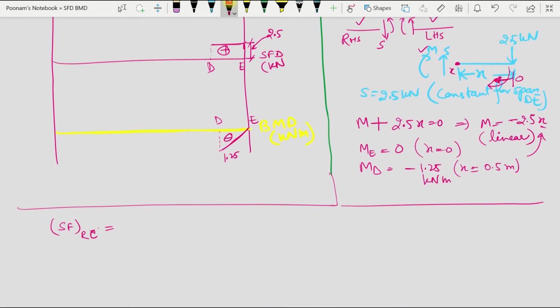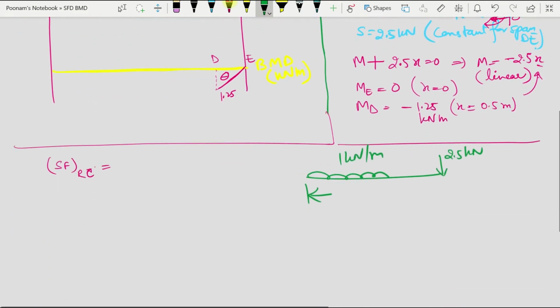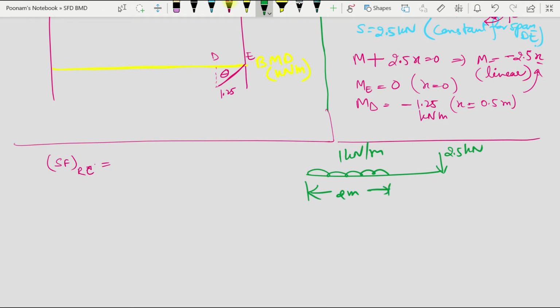I can redraw my beam here: 2.5 kilonewton and 1 kilonewton per meter, so this is 2 meter, and this is my C, D and E, and this is 0.5 meter.